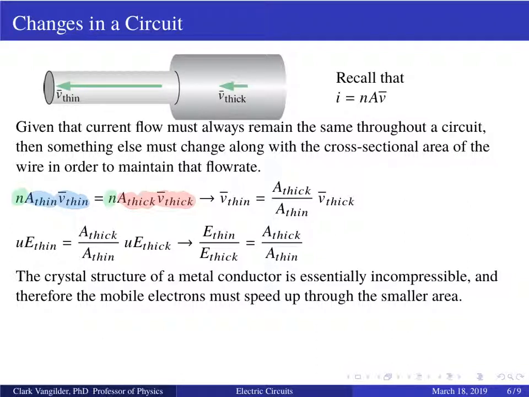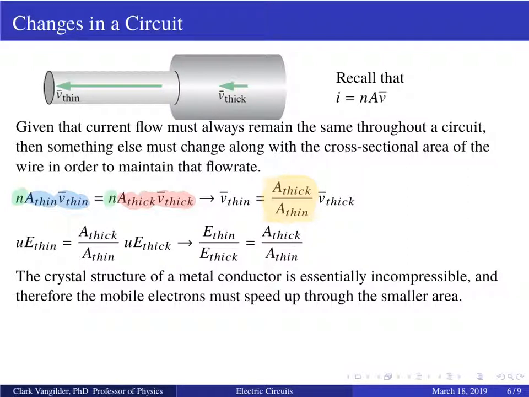So what can we do? We can solve it for thin. And what do we get? The ratio of those areas, okay, is going to be the thing that basically forces the drift speed to be different in that area.